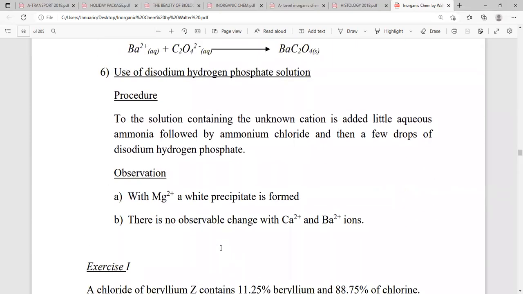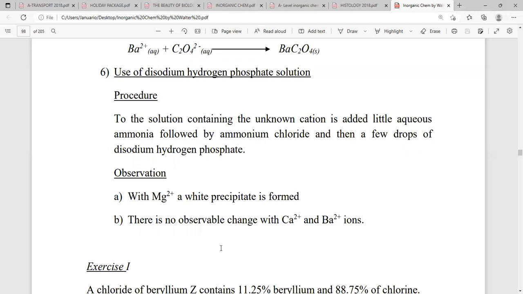Using disodium hydrogen phosphate is the confirmatory test for magnesium. As you add a little aqueous ammonia followed by ammonium chloride and then a few drops of disodium hydrogen phosphate, you get a white precipitate with magnesium, but there is no observable change for calcium and barium.